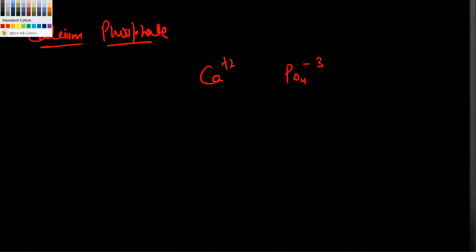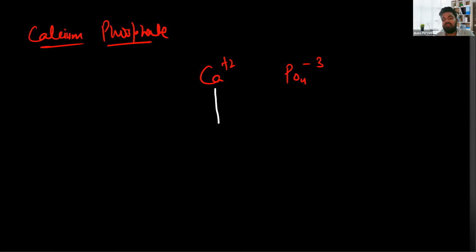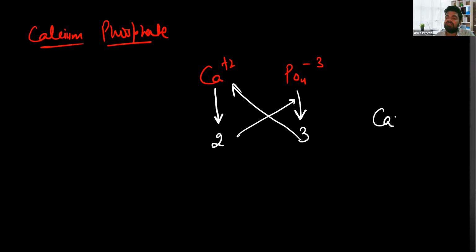So what we will do here is write their valency like this, and we cross multiply these two. And we will have Ca, tell me, Ca3. This 3 will go to this side and then PO4, and this 2 will come to this side.